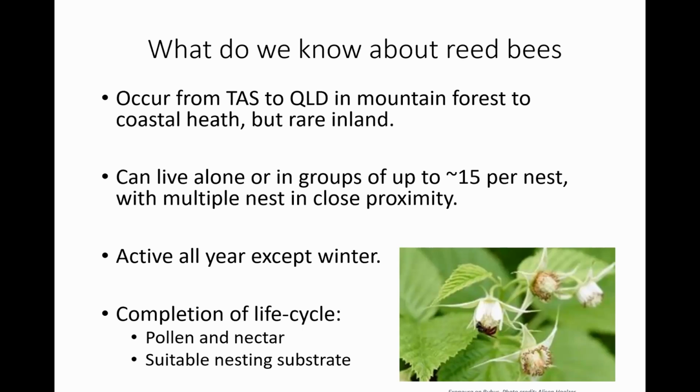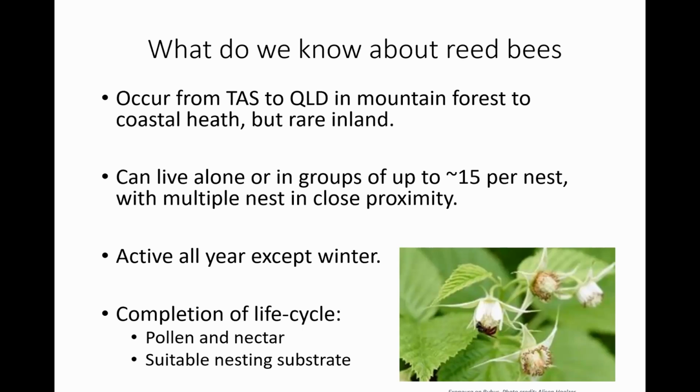They're social, so they can live in groups of up to 15 females per nest, and you can have several of these nests close together, so they're not necessarily territorial. They're active most of the year. You can sometimes find them foraging on relatively warm days in winter.